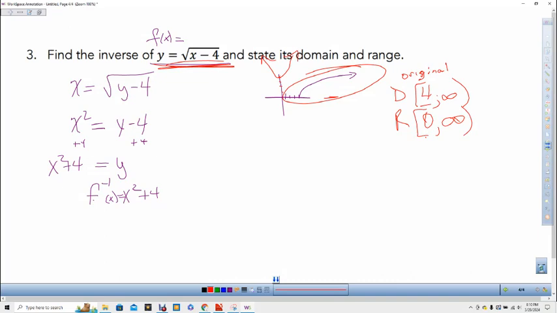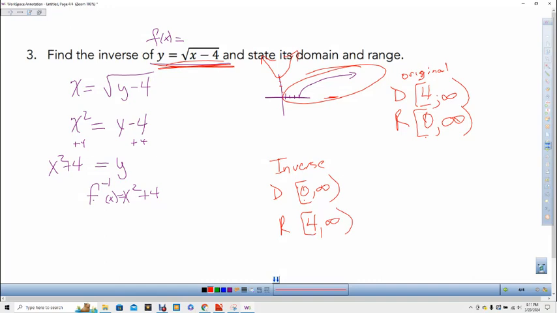So now, what does that mean when we go to do the domain and range of the other one? They swap places. So the inverse has a domain of 0 to infinity. And the range is the domain of the original, so it's going to go from 4 to infinity.